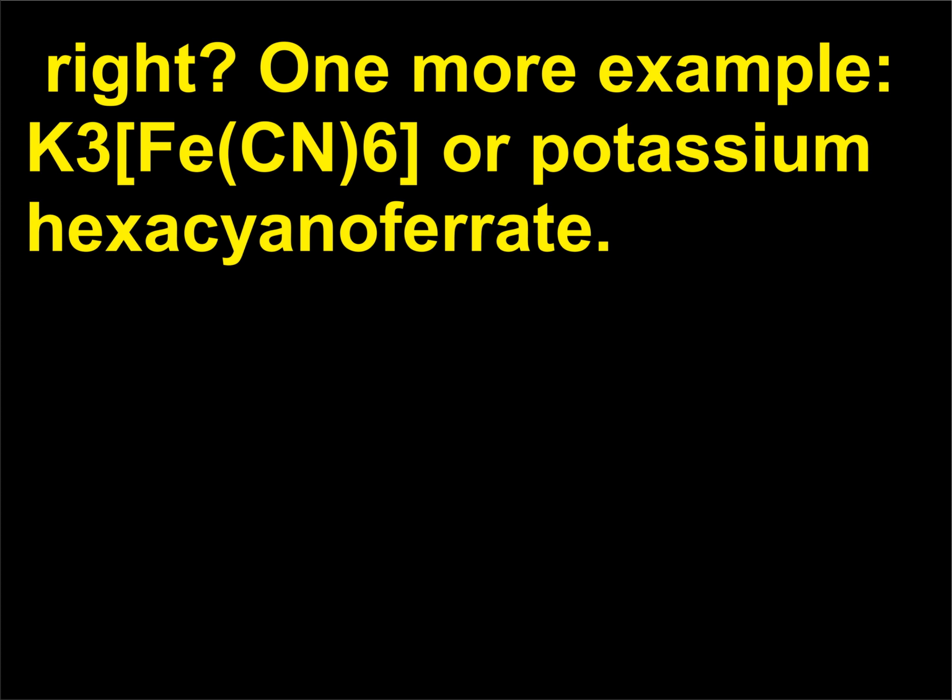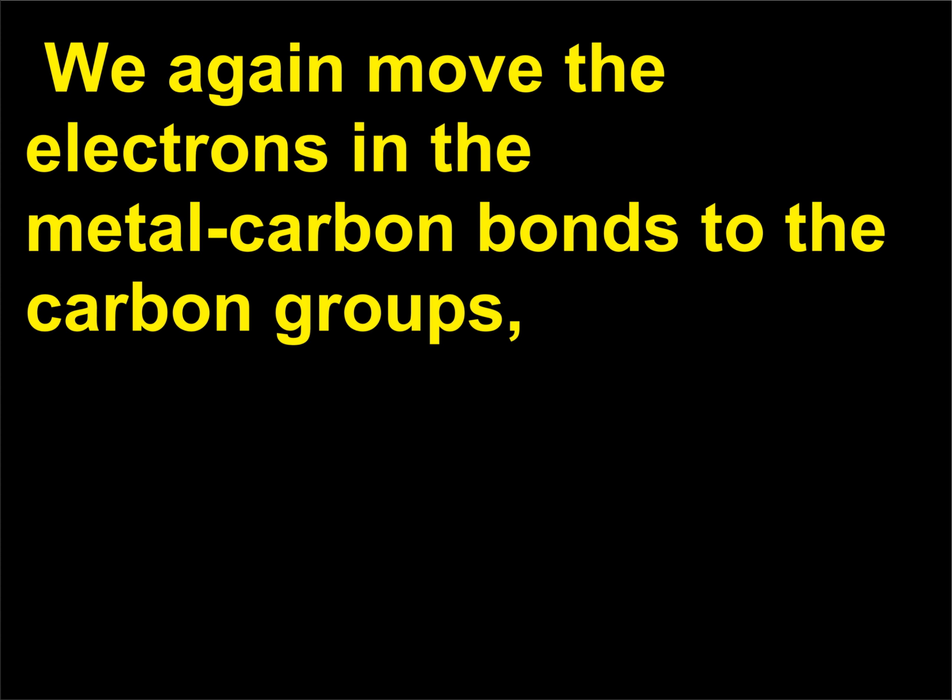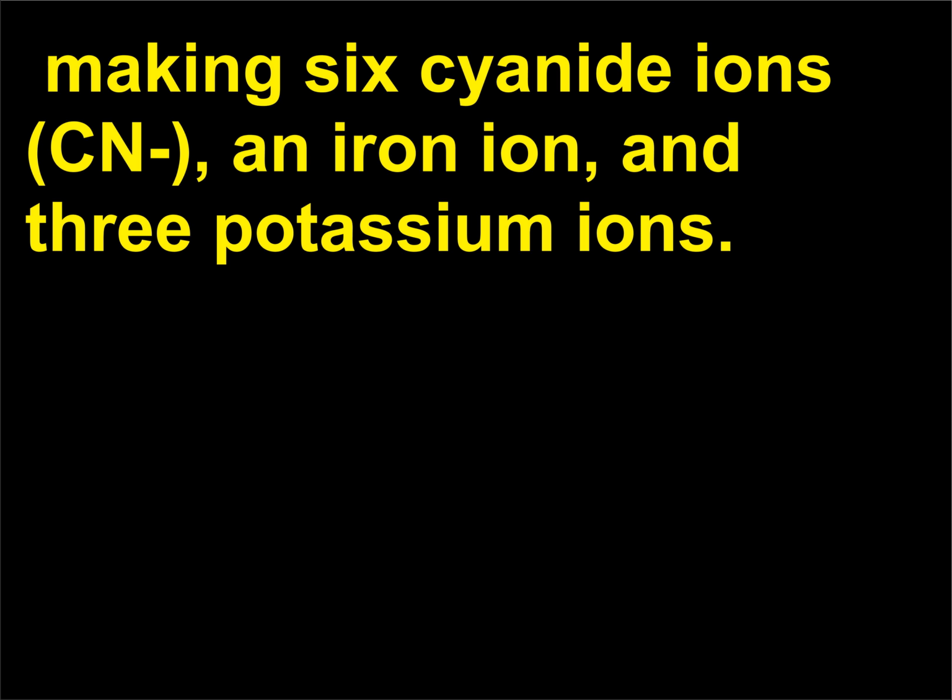right? One more example, K3Fe(CN)6 or potassium hexacyanoferrate. We again move the electrons in the metal-carbon bonds to the carbon groups, making 6 cyanide ions, CN-, an iron ion, and 3 potassium ions.